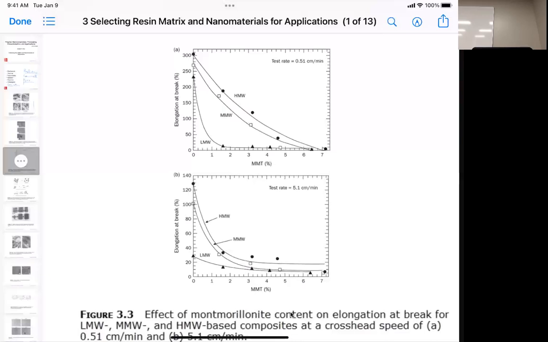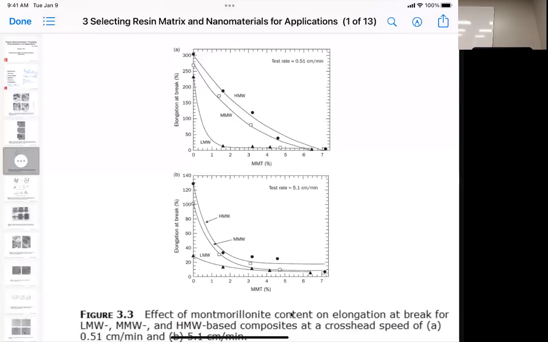Yeah, at the slower test rate, it elongates more, even at the same deflection, versus the higher test rate. That makes sense, because at the slower rate it elongates more, because at the higher strain rate, the more brittle it is, the faster it's going to break, right?